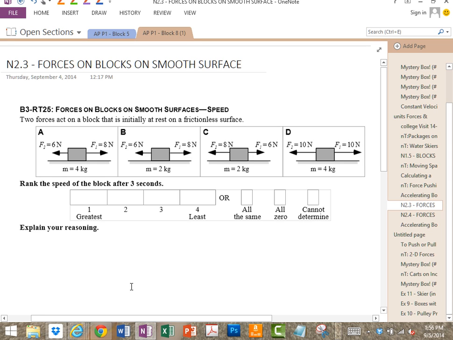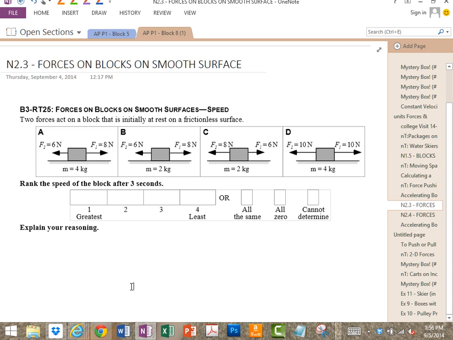Two forces act on a block that's initially at rest on a frictionless surface. It says rank the speed after 3 seconds. Now, have we talked about how to calculate speed? I mean, you all have seen it, and I don't want to do that right now, but how can you extrapolate from what you know?